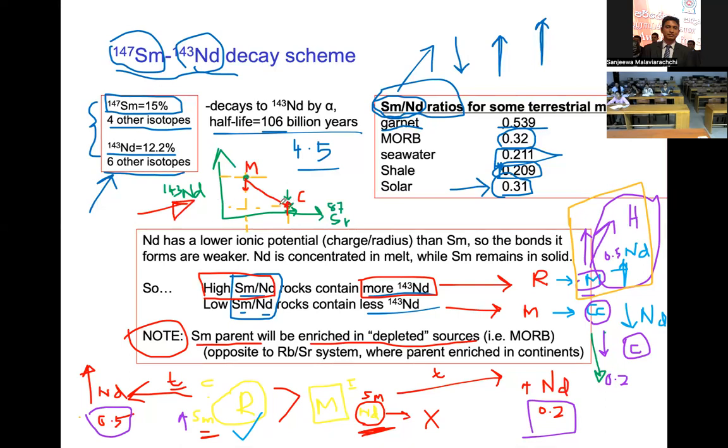This type of position will be there if you plot them together. So remember this entire schematic plot, just to understand the difference between these two isotopic systematics.